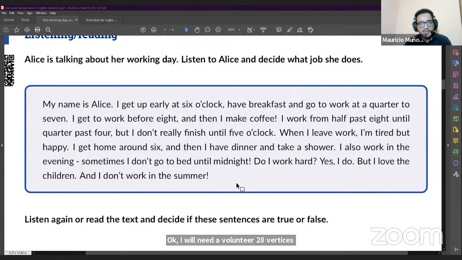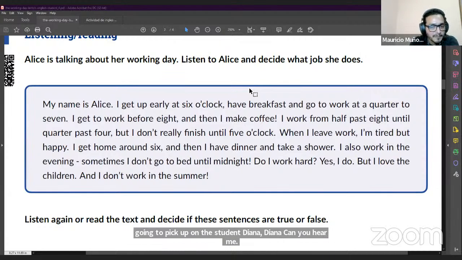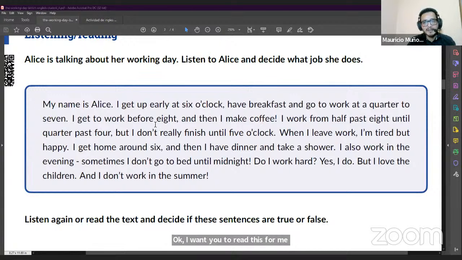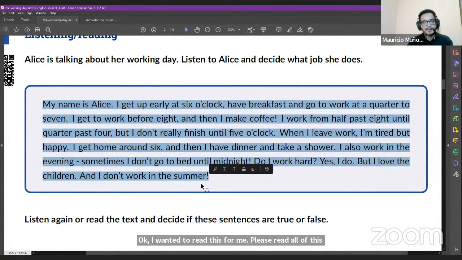I'm going to pick one student, Diana Lozano, can you hear me? Okay, I want you to read this for me, please. Read all of this for me.